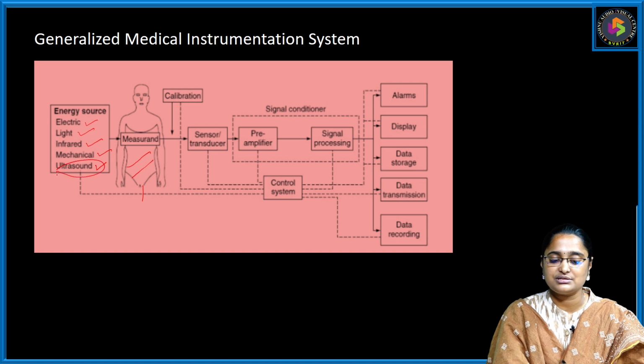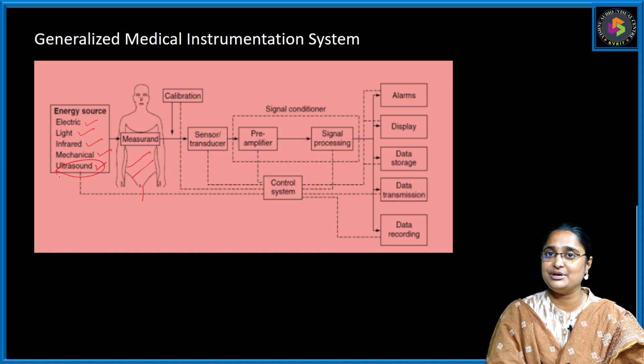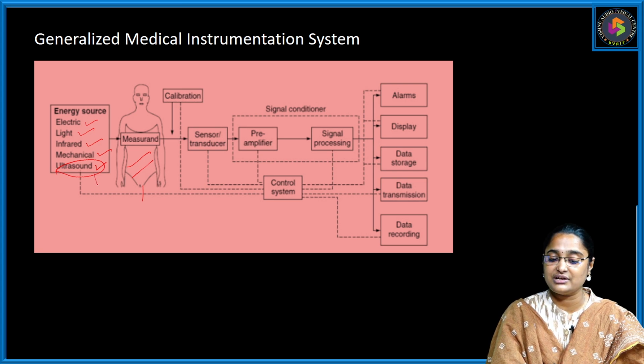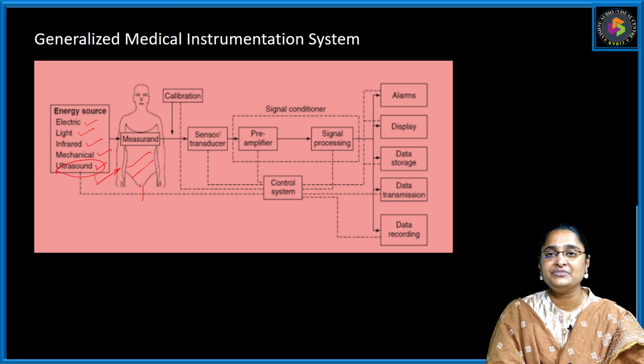For example, ultrasound, as I discussed earlier with ultrasonic transducers. There I told you first we excite the transducer with the electrical source, then the transducer sends the vibrations into the human body. Whatever vibrations enter the body are given to this measurand.